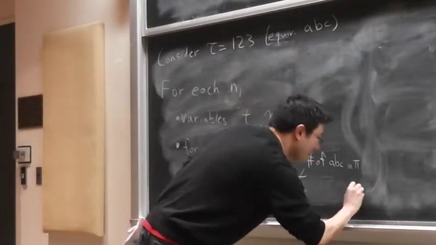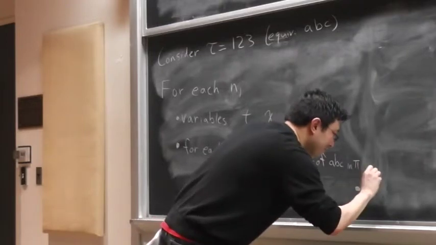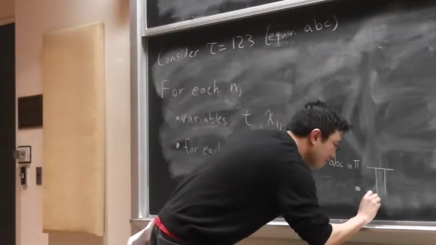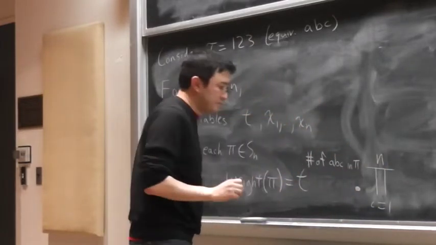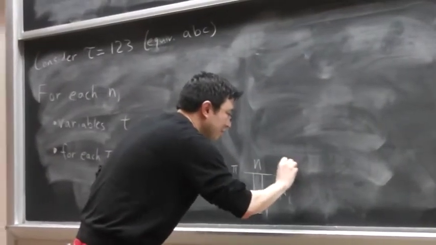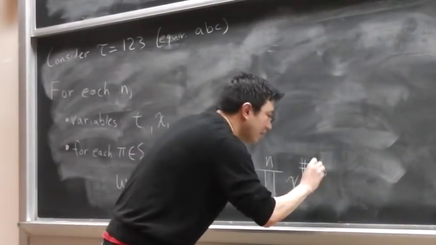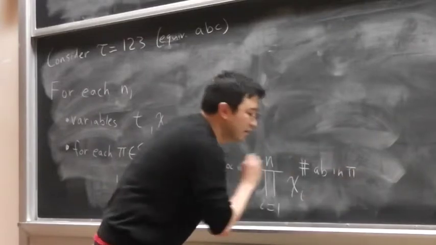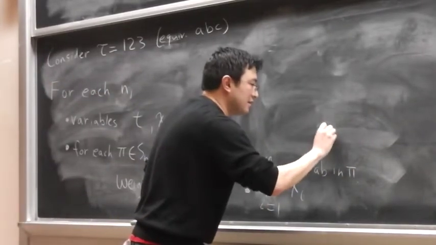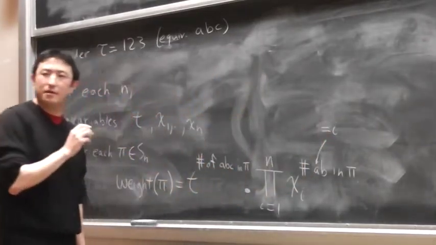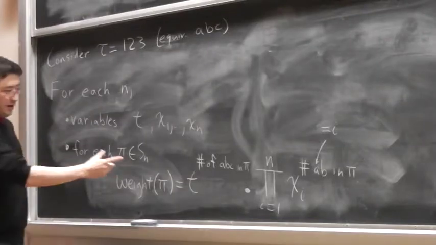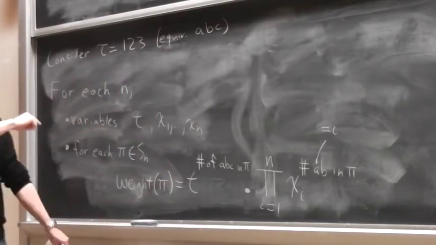And then I'm going to toss in some more stuff: a product from 1 to n of xi raised to the number of ABs in pi, where the A is exactly equal to the number i. Okay, so for each permutation, I can create this weight based off of these variables.